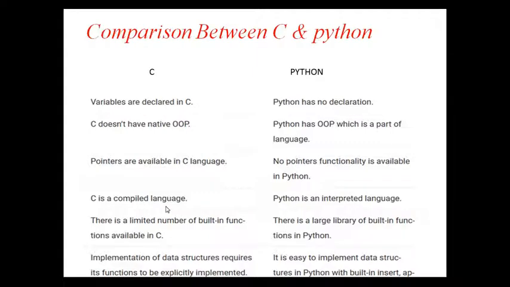C is a compiled language, whereas Python is an interpreted language. There is a limited number of built-in functions in C, whereas there are a large number of functions in Python. Implementation of data structures in C requires functions to be explicitly implemented, whereas it is easy to implement data structures in Python with built-in functions like insert and append.